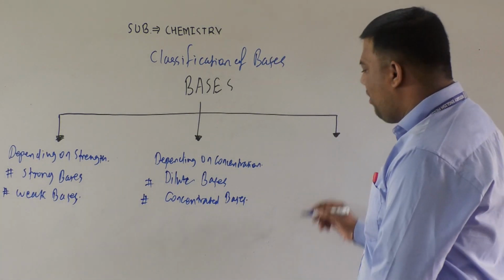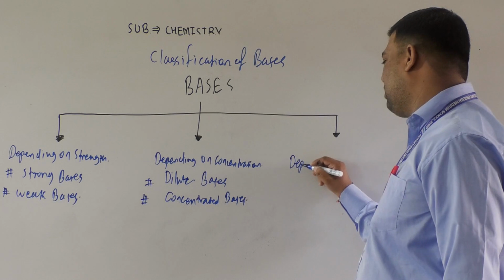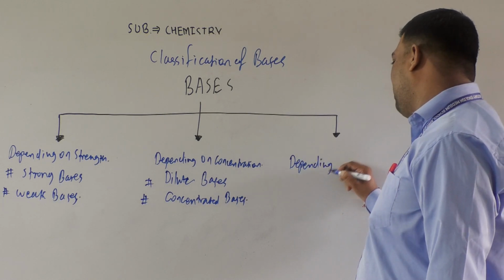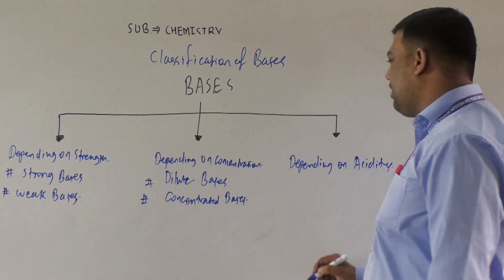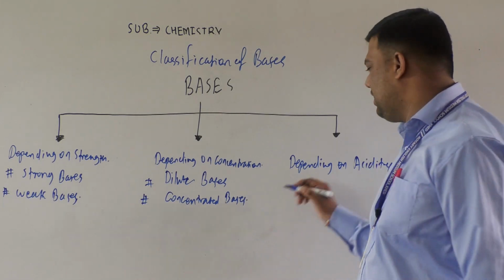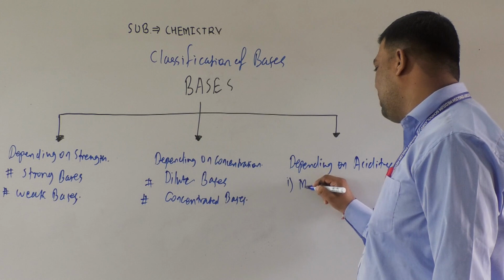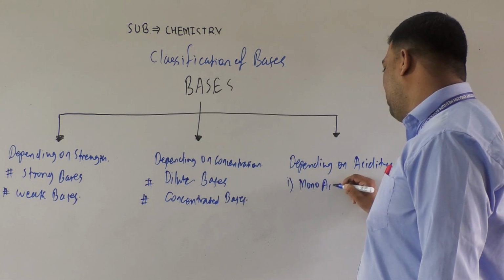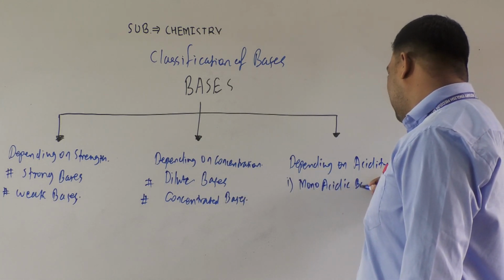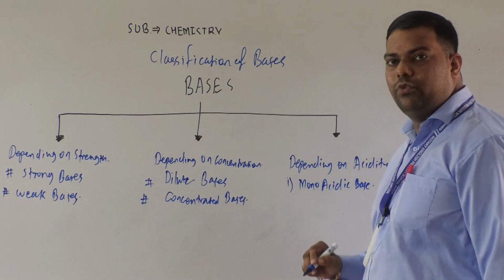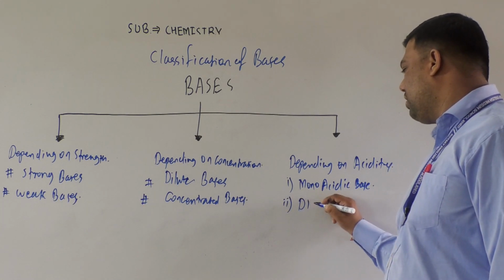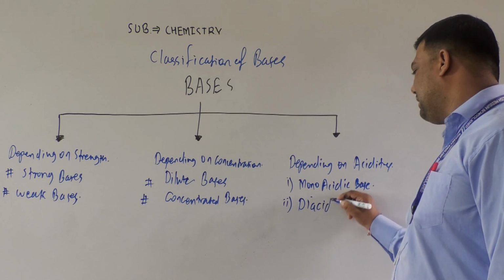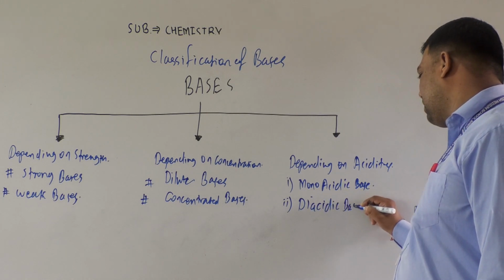And depending on acidity, how can we classify? The first one we call monoacidic base. Then the second, diacidic base.